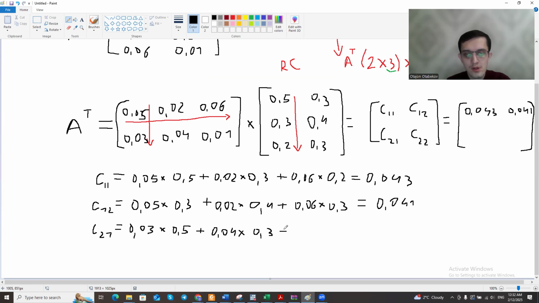Plus third element 0.01 of the matrix A transpose second row, multiplied by the third element of the column 1 of the matrix B, which is 0.2.